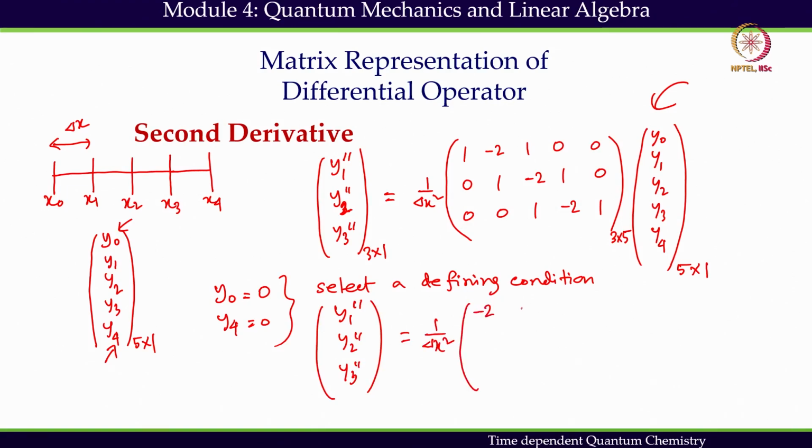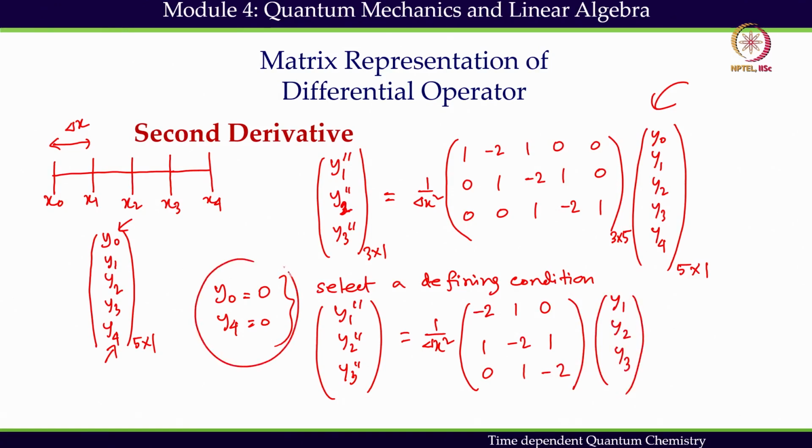This is going to be minus 2, 1, 0, then 1, minus 2, 1, and then 0, 1, minus 2. The entire matrix dimension has reduced now because of defining this initial condition, and that is very important to realize.